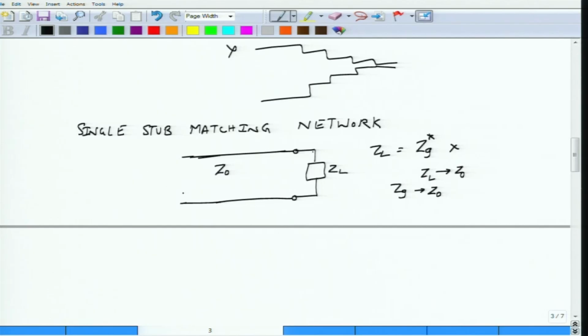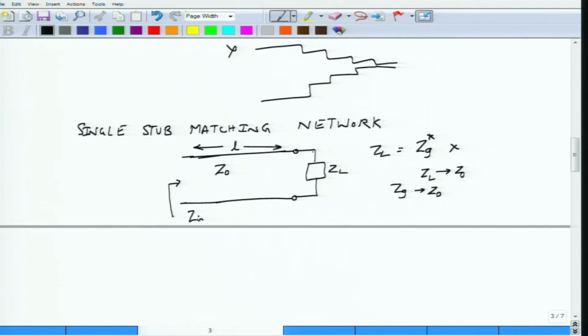Now if you go back to the impedance transformation formula, then you know that if the transmission line has a length L, then the input impedance seen at this point is given by one complicated formula, but on a Smith chart I can actually find out the input impedance given ZL, Z0, length and the operating wavelength of this particular network.